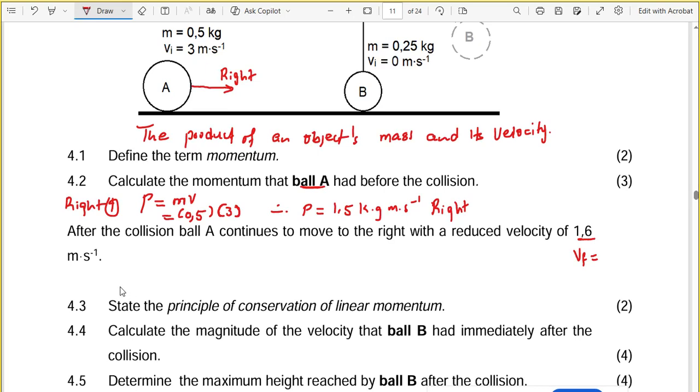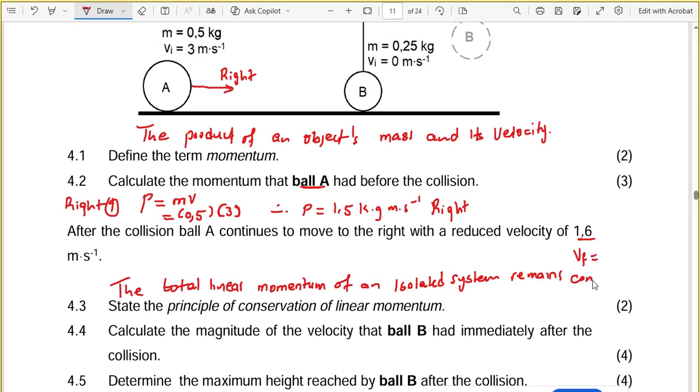The total linear momentum of an isolated system remains constant.